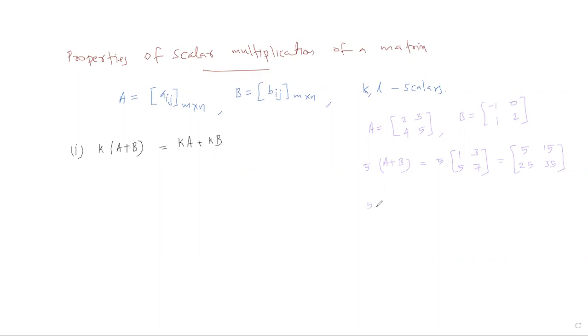Now see 5 into A plus 5 into B, multiplying separately and then adding. 5 into A: 5 into 2 is 10, 5 into 3 is 15, 5 into 4 is 20, 5 into 5 is 25. Plus 5 into B: 5 into -1 is -5, 5 into 0 is 0, 5 into 1 is 5, 5 into 2 is 10. Adding: 10 plus -5 is 5, 15 plus 0 is 15, 20 plus 5 is 25, 25 plus 10 is 35.